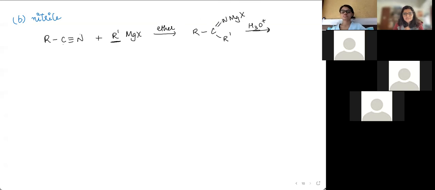You don't want all of these complications. With acidic hydrolysis, you end up getting a ketone. And the remaining just escapes off, this becomes your byproduct.